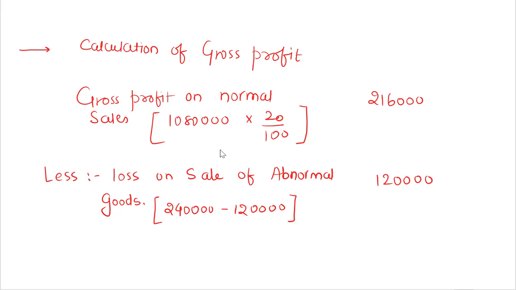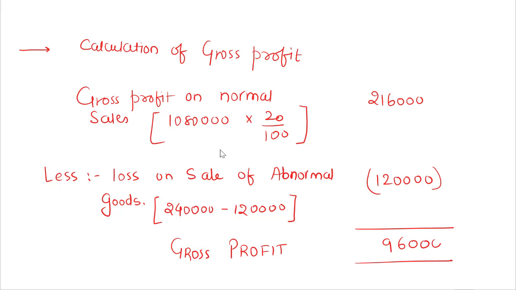So gross profit is 2,16,000, but from this profit, this is the loss. So the real gross profit is 96,000. I believe it is clear.